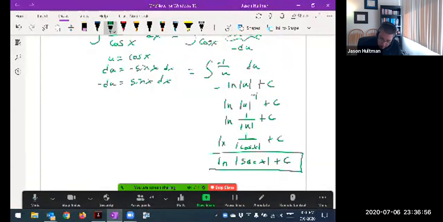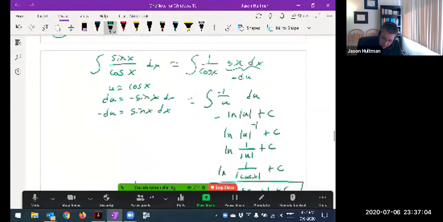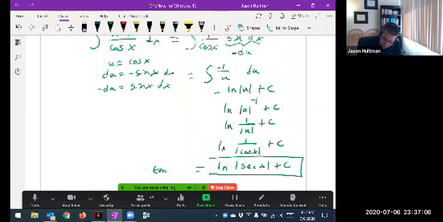That's the answer. This is equal to the integral of tangent of x. Not the derivative. The derivative of tangent of x is secant squared. So the integral of tangent of x is equal to this.